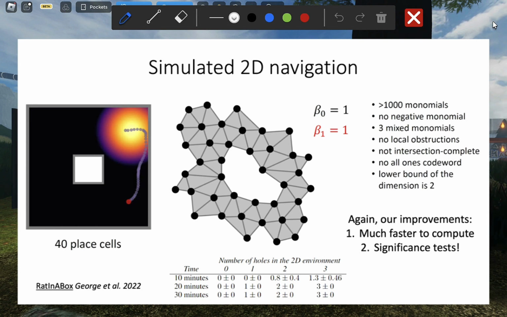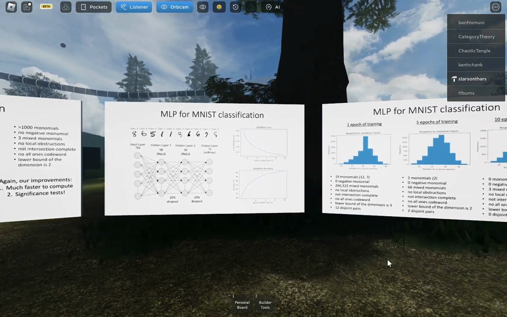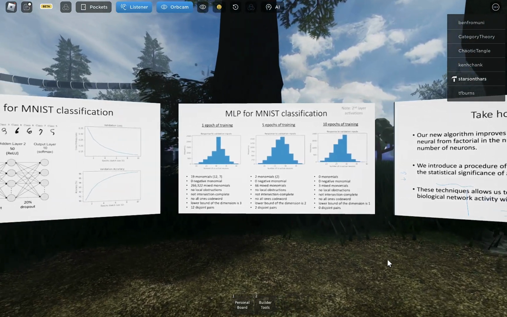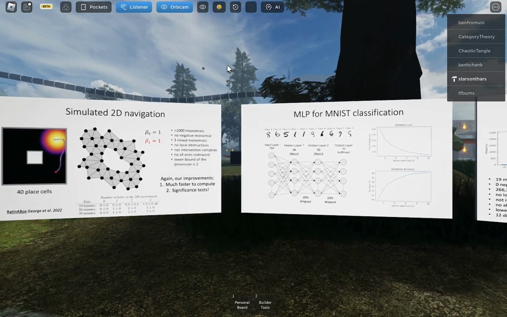Then we also do an example with MNIST, a multi-layer perceptron for MNIST. I wanted to show these two slides. Okay, it doesn't want to do that.